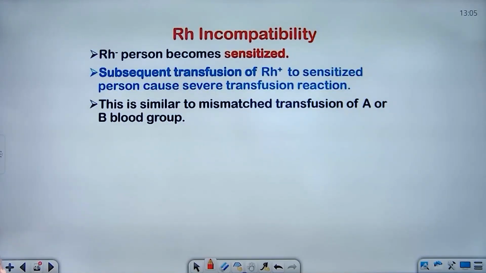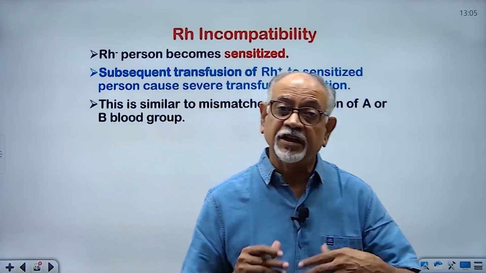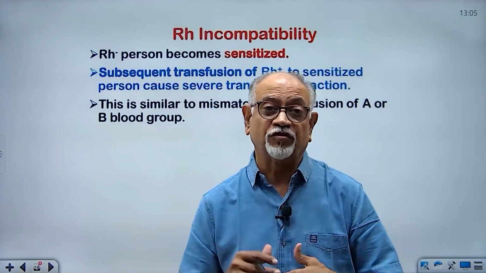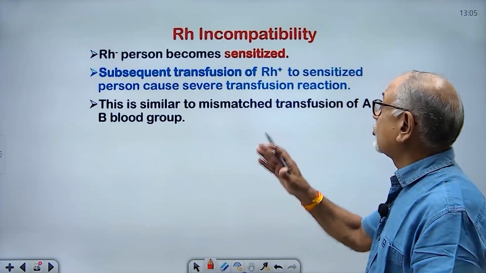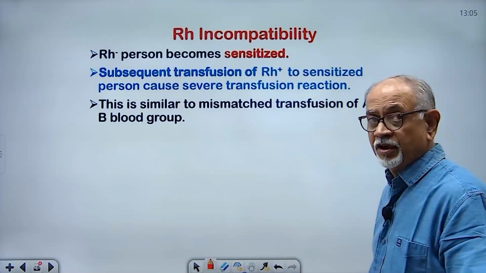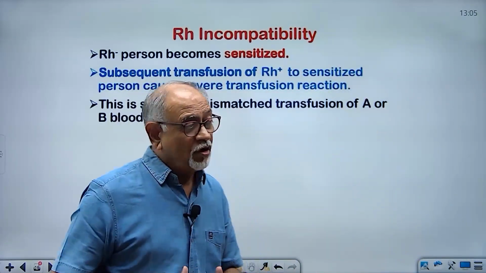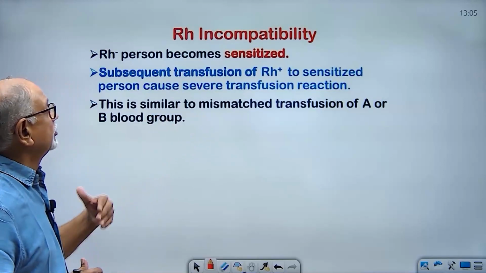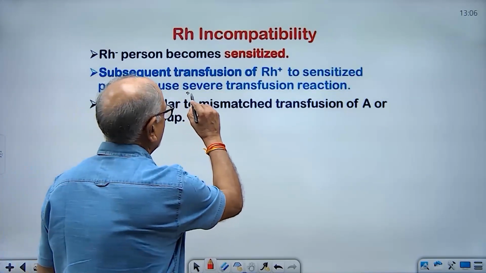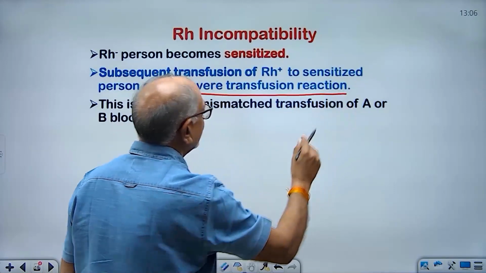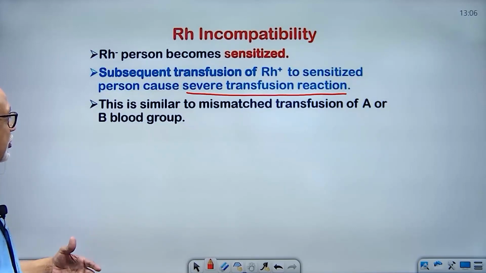Now, when a Rh negative person receives Rh positive blood and antibodies are formed in response to antigen D, such a person is called sensitized. If a subsequent transfusion of Rh positive blood is given, then severe transfusion reactions may occur, leading to the death of the recipient, death of the patient.